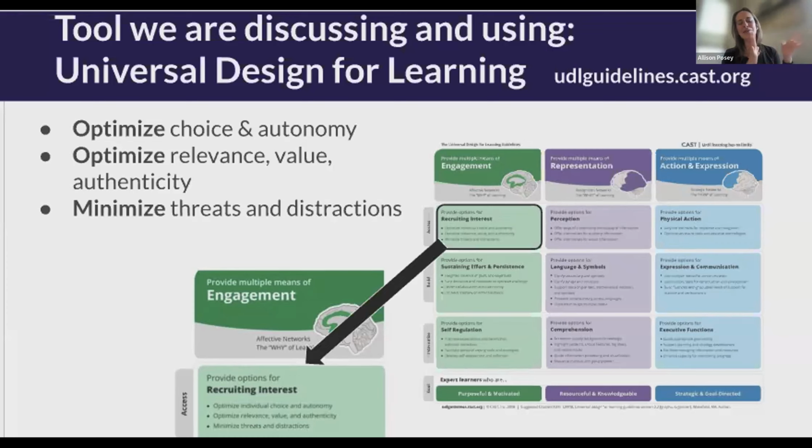So there are those three broad principles, as I shared, that align broadly to the organization of the nervous system. And we're going to zoom in and think about options for recruiting interest. At CAST, as many of you know, we are in the process of revising the guidelines. Version 2.2 is the version I'm sharing with you now.